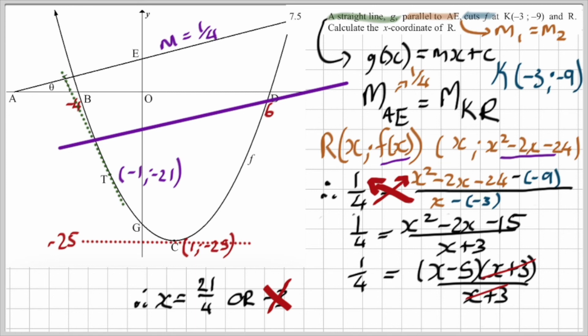But an interesting thing, and this is something you have to remember whenever you're working with a fraction, is that there's always a restriction. This x plus 3 may not be 0. So x may not be negative 3.